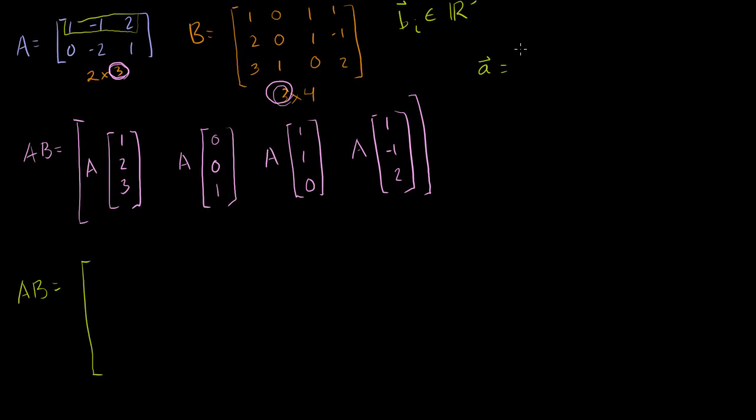Let's say that A is equal to the column vector 0, -1, 2. Then A transpose, and I haven't talked about transposes a lot yet, but I think you get the idea. You just change all of the columns into rows. So A transpose will just be equal to 0, -1, 2. You just go from a column vector to a row vector.